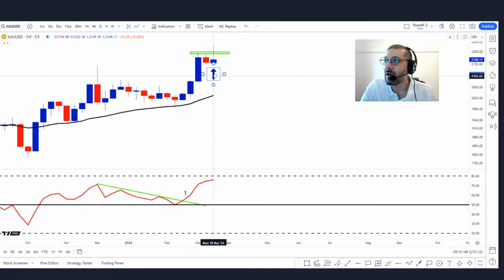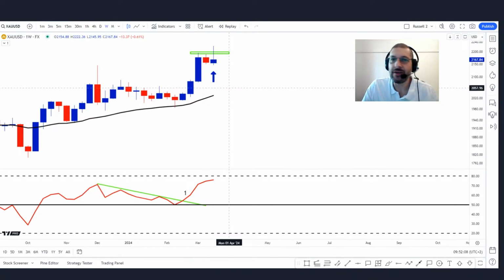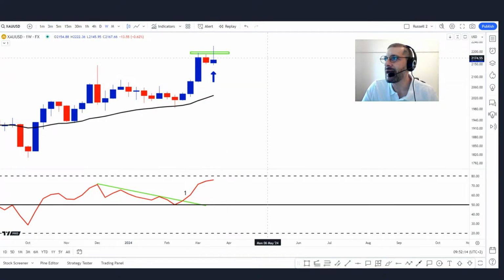And the question now is, are the bulls going to find it as a compelling area to come back into the market? Okay, are they effectively going to mount an attack, so to speak, from here?